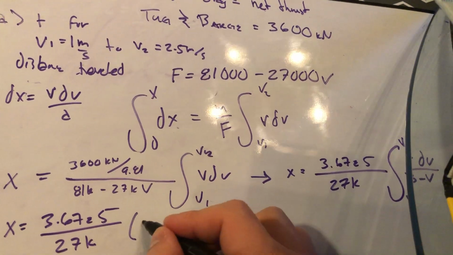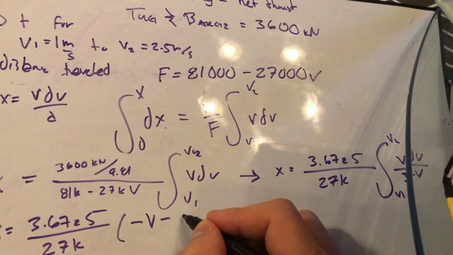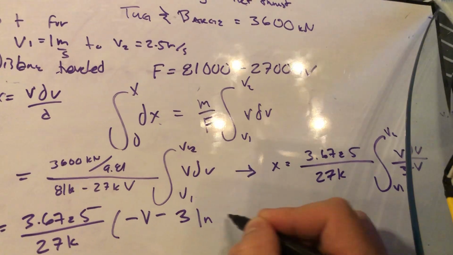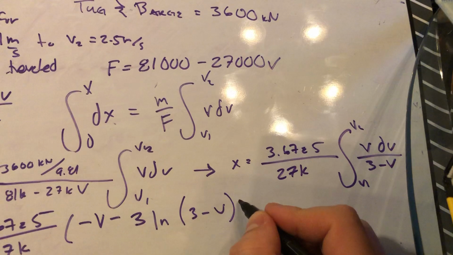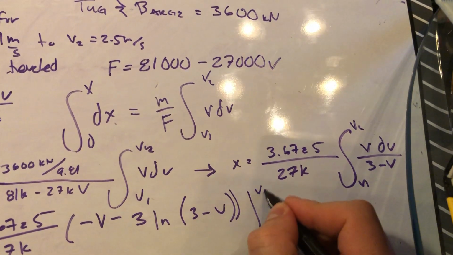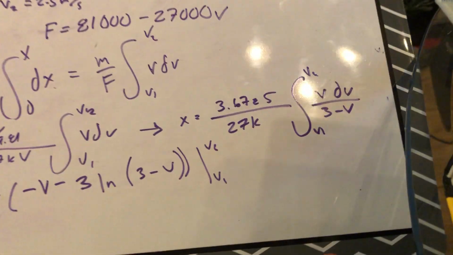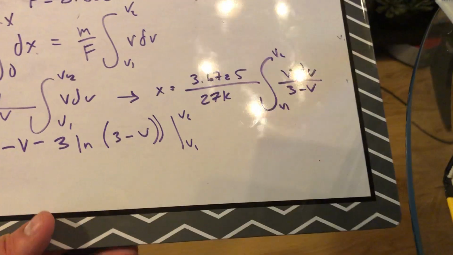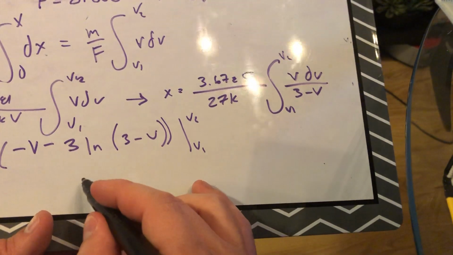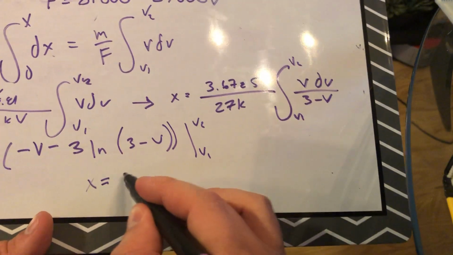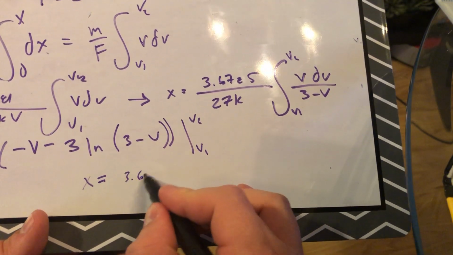And what we have here is negative v minus 3 natural log of 3 minus v, from v2 to v1. Sub in all our terms, our v2 term of 2.5, our v1 term of 1, and then what we'll have is an x term of 3.67 e5 over 27k.